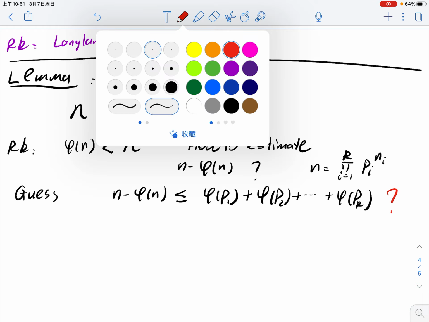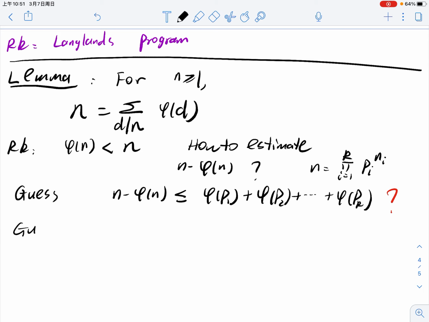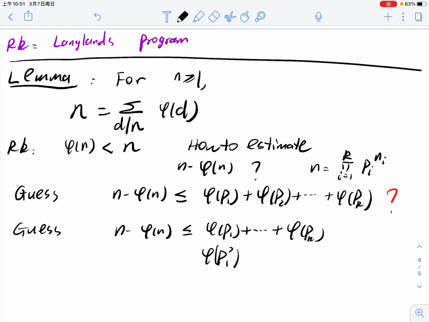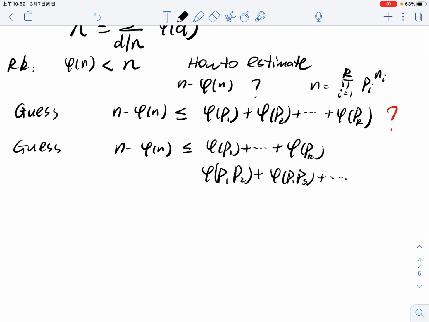Okay, and then you guess, if you put in more, for example, two factors, for example phi p1 p2 plus phi p1 p3 plus, and still not enough.